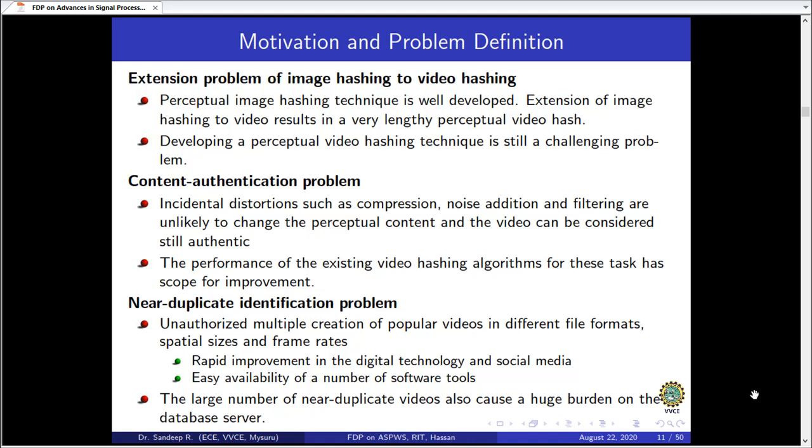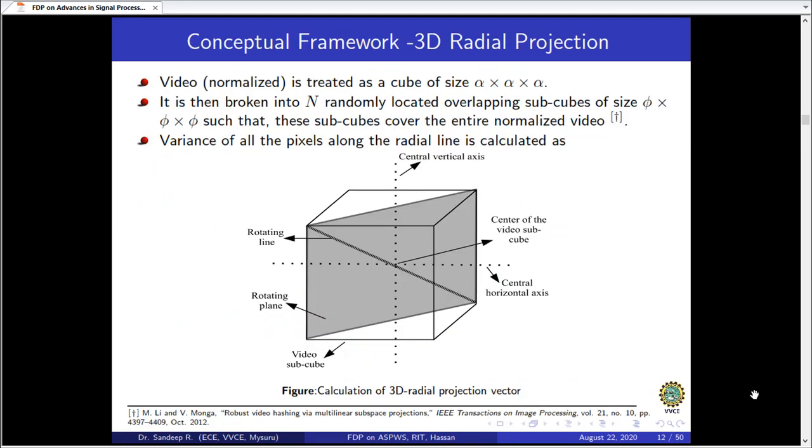The first algorithm that I have worked on is based on radial projection techniques, to be very specific, the three-dimensional radial projection technique. Here, the normalized video is treated as a cube of size alpha by alpha by alpha.